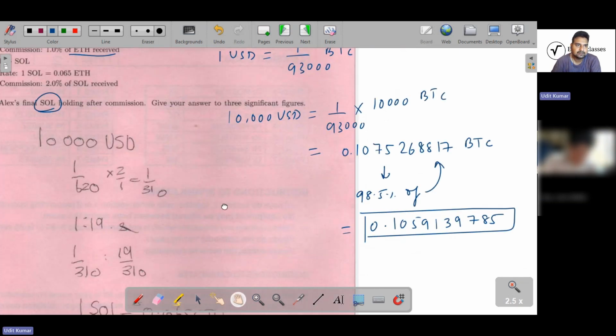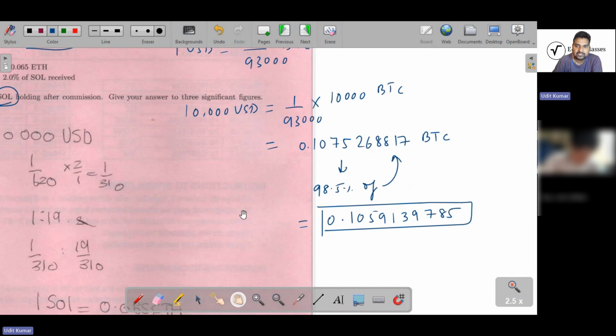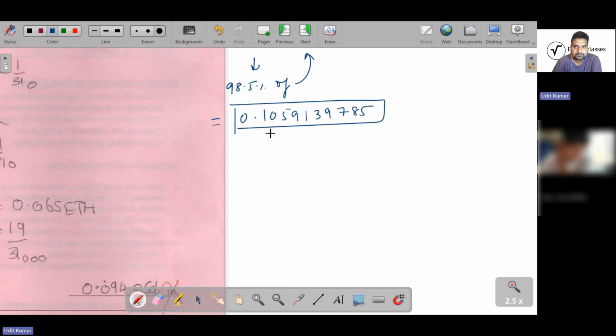Then what he did, he converted it to, I think this is Ethereum. So he converted into Ethereum and the ratio is 1:19.2. So if I convert it to Ethereum, I have to multiply it with 19.2, right? Yeah.